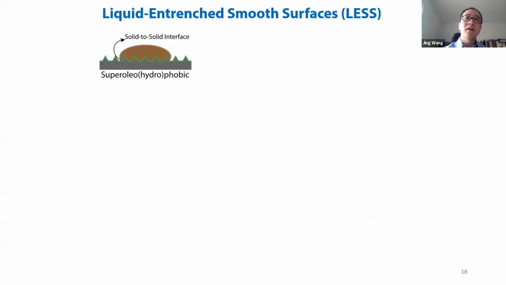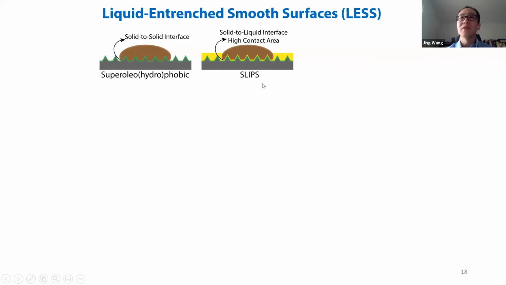So to summarize, we compare with superhydrophobic and superoleophobic surfaces. The fecal waste will be a solid to solid interface, and SLIPS will be a solid to liquid interface, but with very high contact area because of the required underlying roughness.